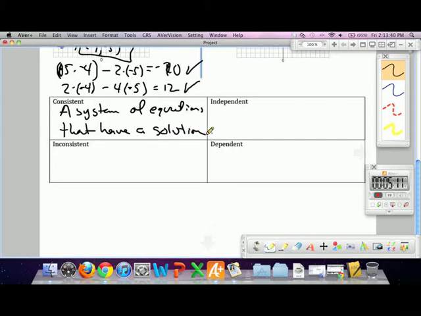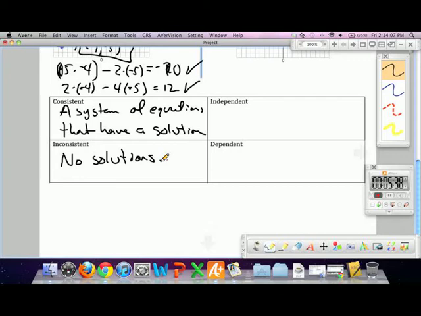They are inconsistent if they have no solutions. What types of lines have no solution? What types of systems have no solution? Louis, since you raised your hand. They are parallel, yeah. Lines that are parallel never intersect, so they have no solution. Okay?